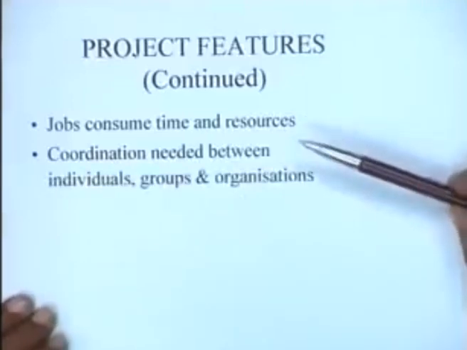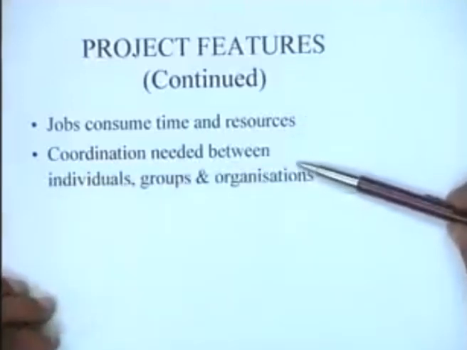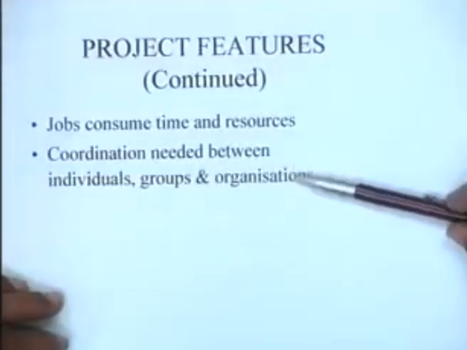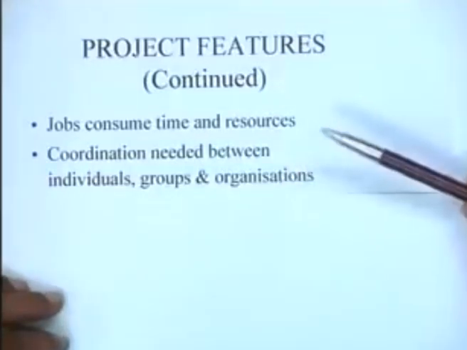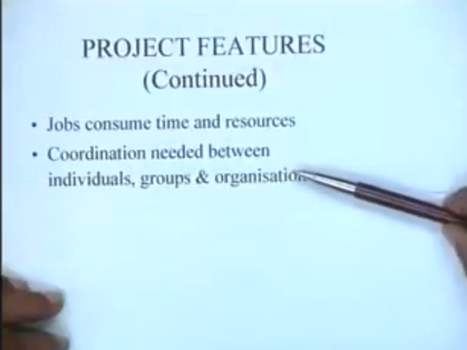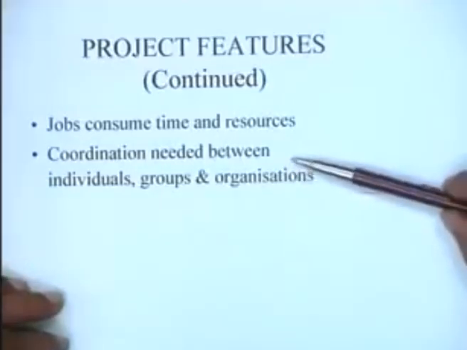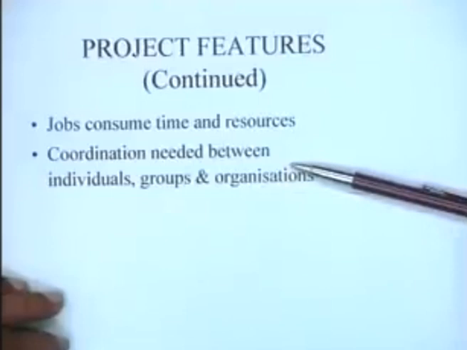Another important thing to bear in mind about these various jobs is that a tremendous amount of coordination is needed between groups, individuals and organizations as far as the project is concerned. This coordination is required because invariably these jobs could be done by different individuals or subcontracted to different agencies.